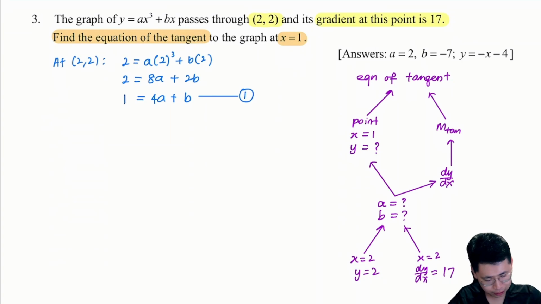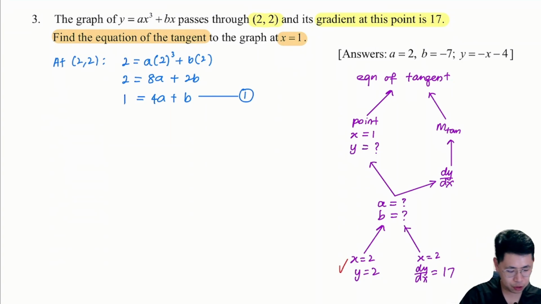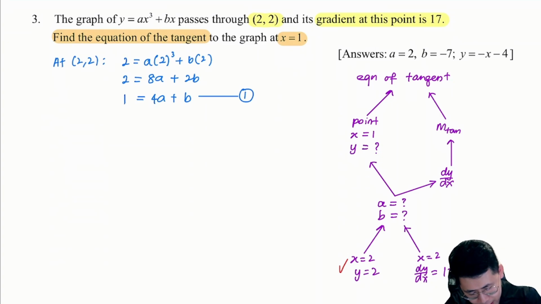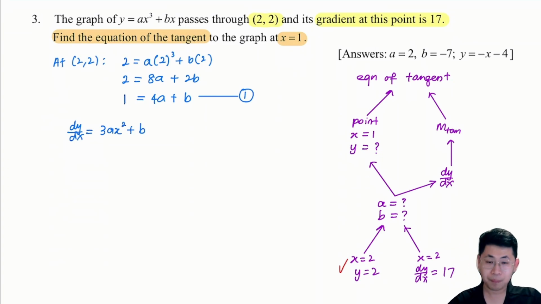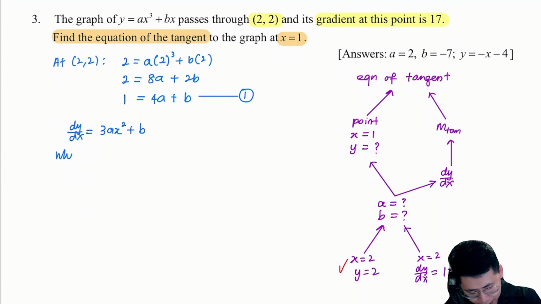Next information over here, we can make use of dy dx equals to 17. So probably we need to find dy dx first. So dy dx is going to be equals to 3ax squared plus b. When x equals to 2, then dy dx equals to 17.